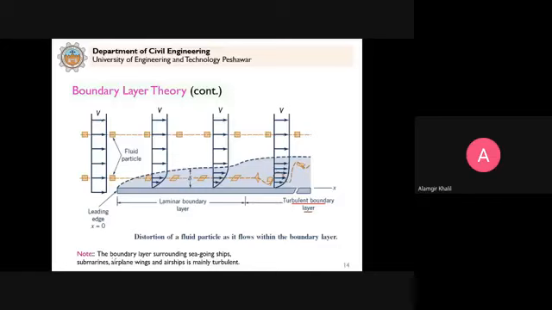You see the boundary layers surrounding sea-going ships, submarines, airplane wings, and airships are mainly turbulent. But we have to study both to understand the mechanics. So you can see that the fluid approaches this flat plate and the boundary layer is shown on one side. It doesn't mean that on the lower side there will not be a boundary layer. No, there will be a similar situation here.